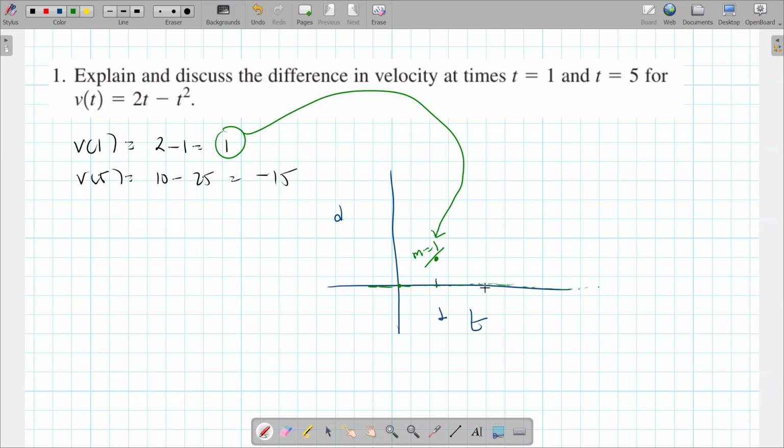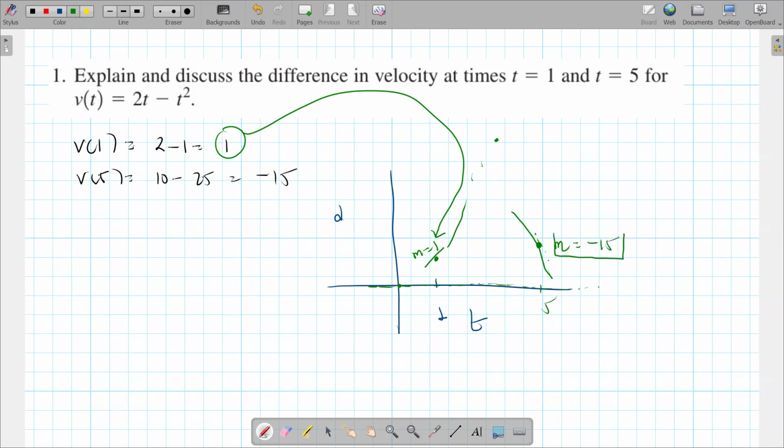Away. And at t equals 5, we go somewhere, we hit a peak, a vertex, we don't know where it is. We could probably find it. It's not that difficult to find. But at time 5 seconds, we're coming back down, and right now the slope of this tangent line is negative 15.